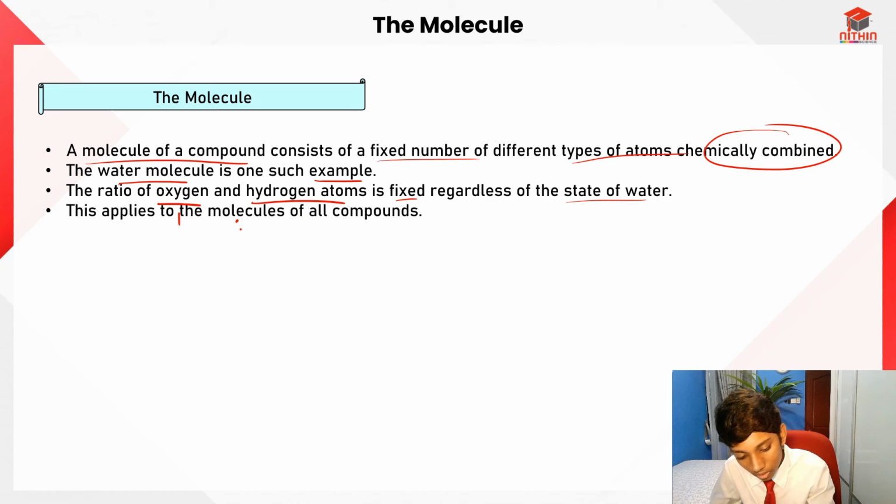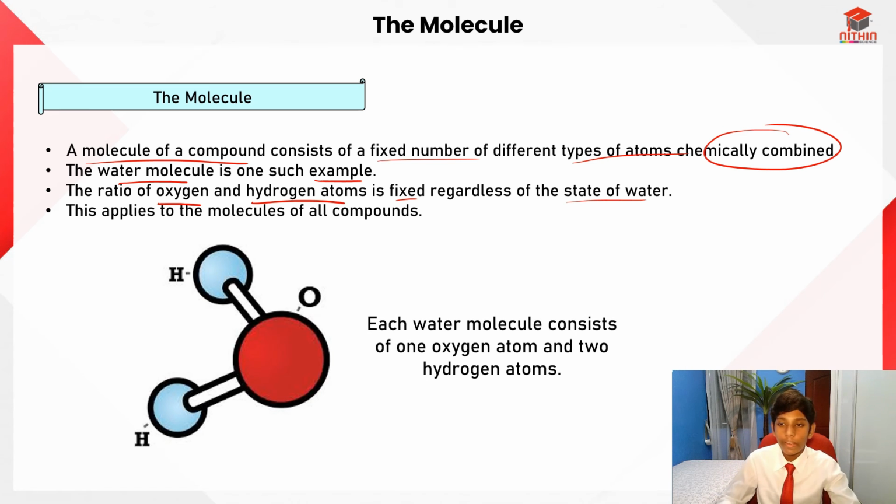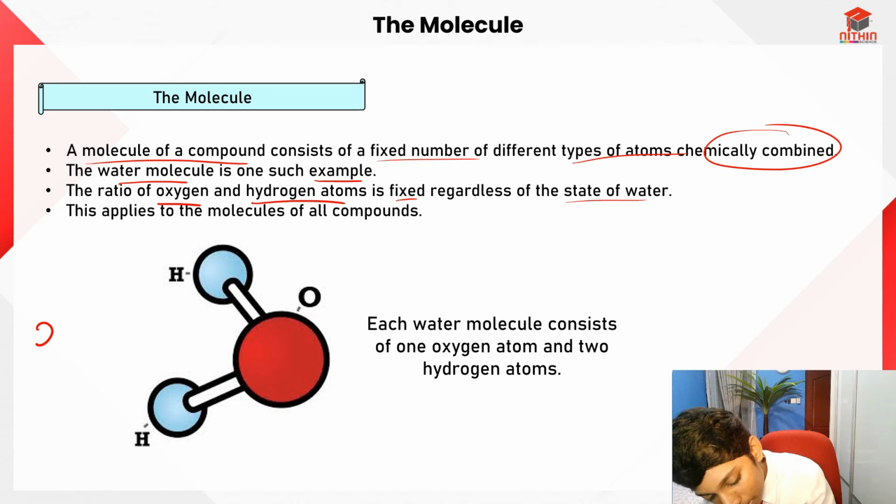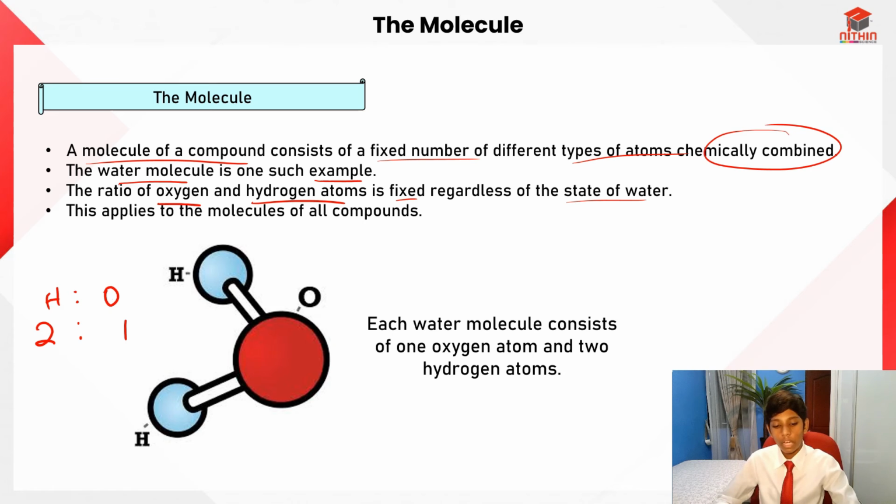Sorry, this applies to molecules of all compounds. So basically the water molecule is represented as such. So you can see the ratio is 2:1, hydrogen to oxygen. So that's basically 2 hydrogen atoms both connected with a stick and 1 oxygen atom.